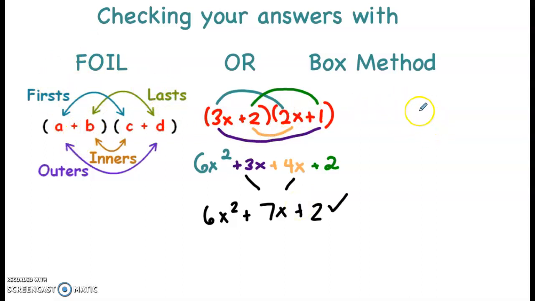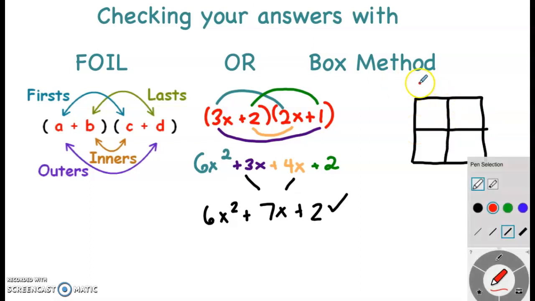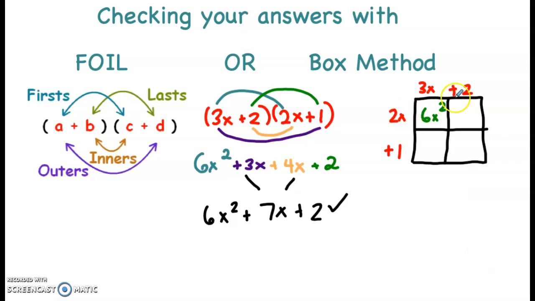The second way to check is to write out your box method and do exactly what we just reversed when we factored and see if it still works. So we write 3x plus 2 on one part, and 2x plus 1 here. When I do 3x times 2x, I get 6x squared. When I do 2x times 2, I get plus 4x.